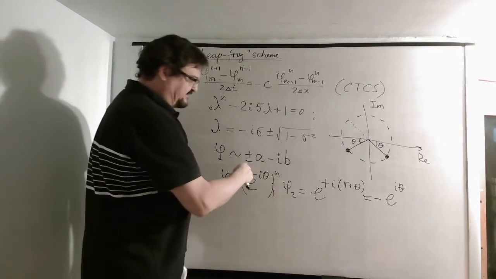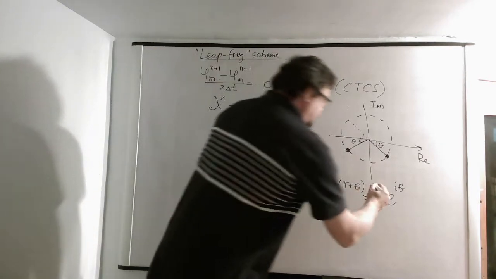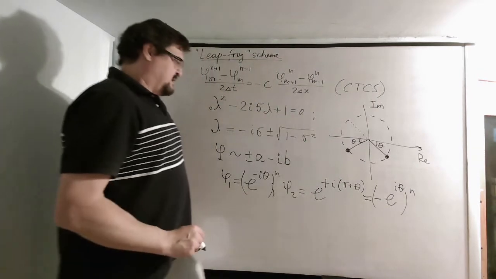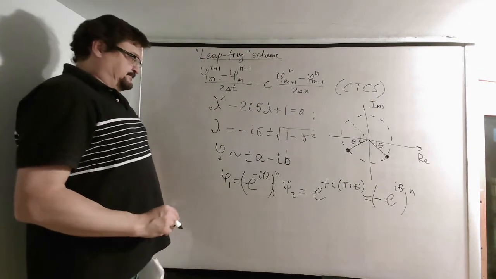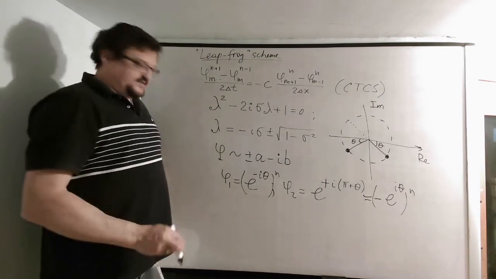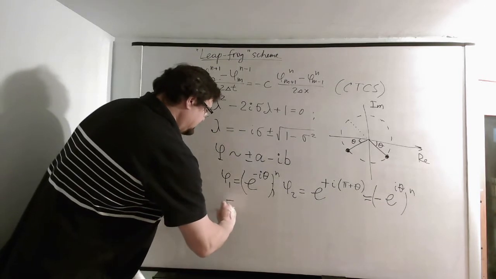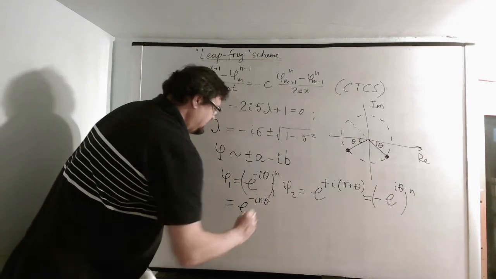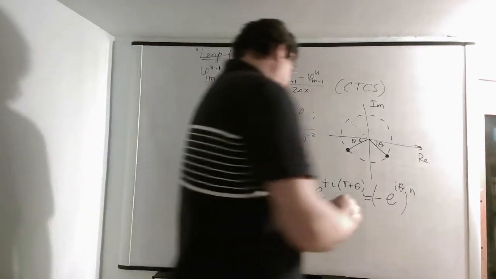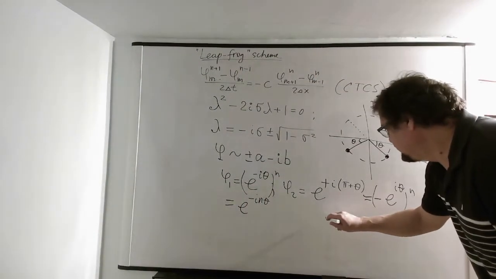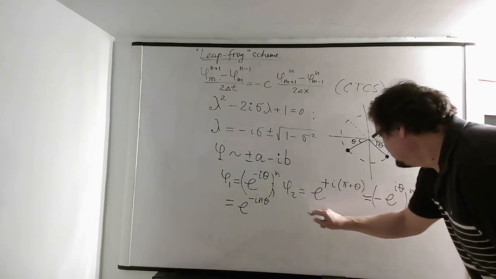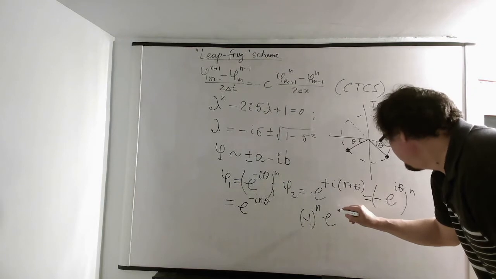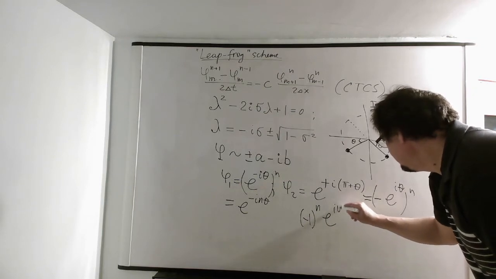So with each time step you take the n-th power. With this guy, there is no problem. You get e to the power of minus i n theta. And this one is minus 1 to the power of n times e to the power of i theta.